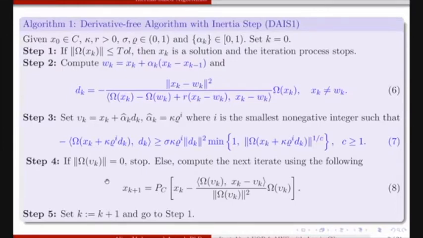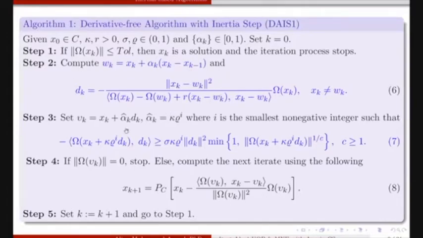Given two initial guesses, say x minus 1 and x0, we compute the inertial step and then our search direction here. We observe that in the search direction, we have xk minus omega k, and we are using the image of xk and the image of omega k.